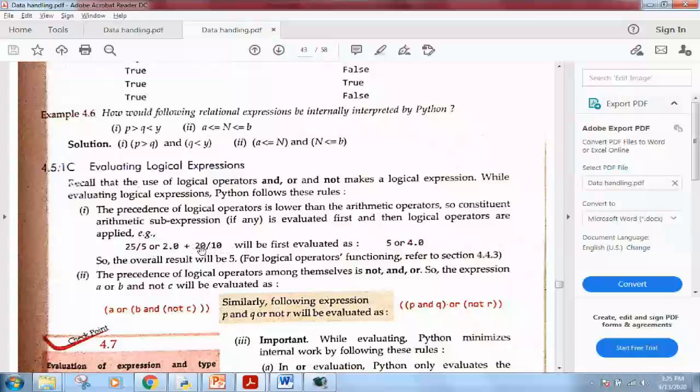This 2 and this 2 will be added and you will get 4, and finally this OR expression will be solved. Now you know that if x is true then x is the result, otherwise y is the result.